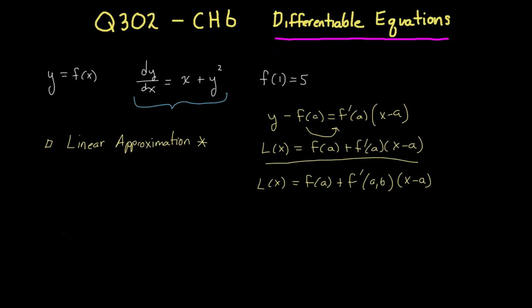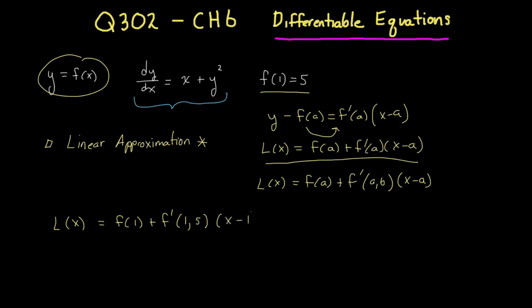To give you an example of that, if I'm finding the linear approximation of my function f here, let's say it's centered at 1, I'll need f of 1 plus I'll need the slope at (1, the y coordinate), and I see from the condition that the y coordinate is 5, times x minus 1.